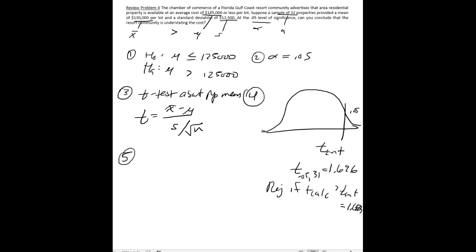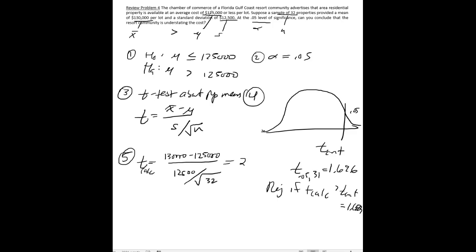All right. 5, and then we calculate t-calc is equal to the sample mean 130K minus 125,000 and divided by our sample standard deviation of 12,500 divided by the square root of 32.